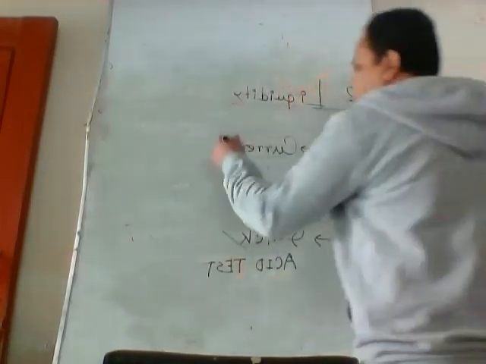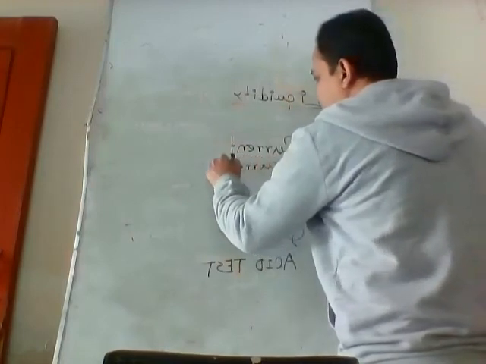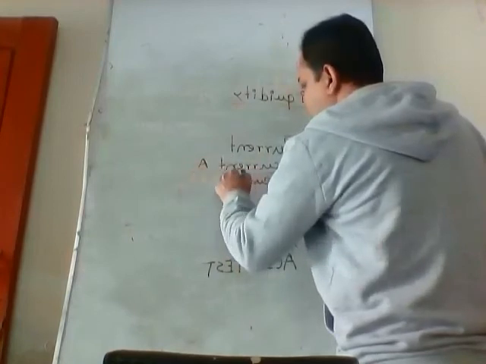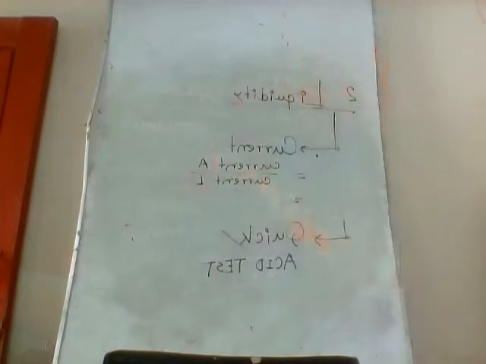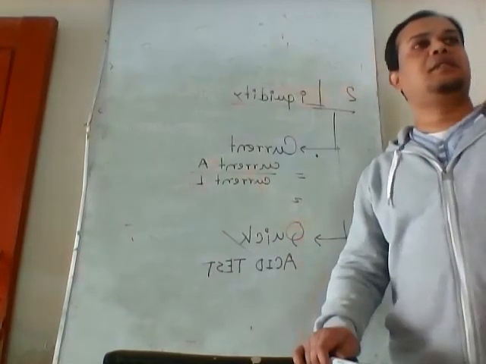Current ratio, current asset to current liability. দেখো এখানে কিন্তু আমি পার্সেন্টেজে করব না। Current asset, example of current asset কি?